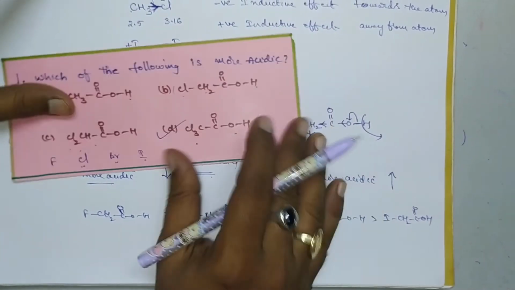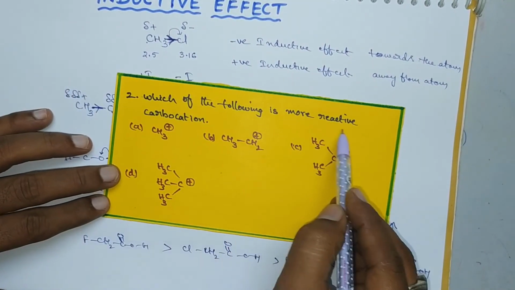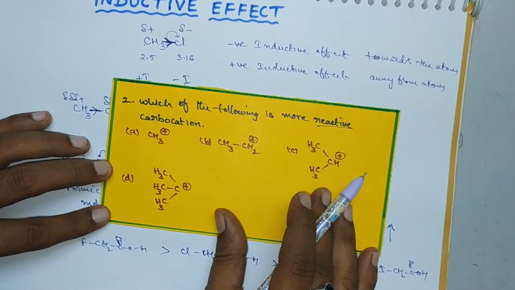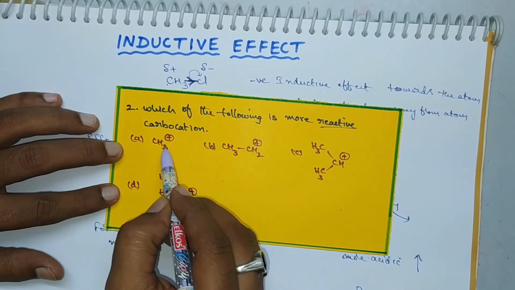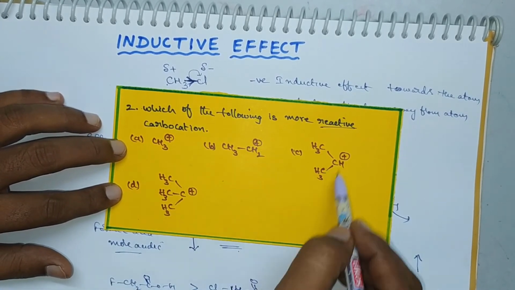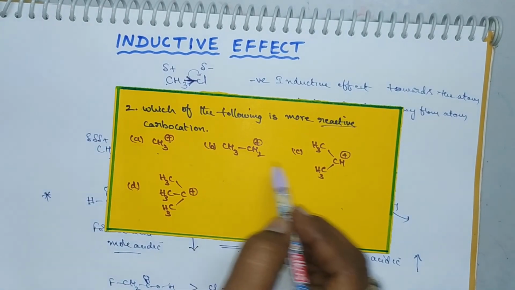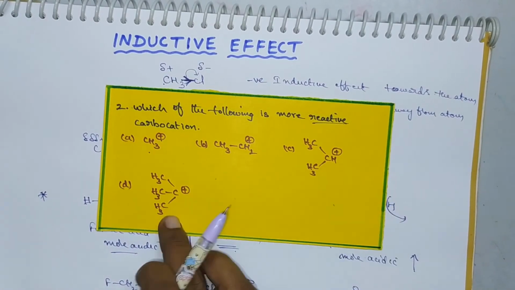And next, which of the following is more reactive carbocation? Which one is more reactive carbocation? So here carbocations means which consists of positive charge. So here this is primary carbocation, secondary, tertiary, like this: primary, secondary, tertiary.